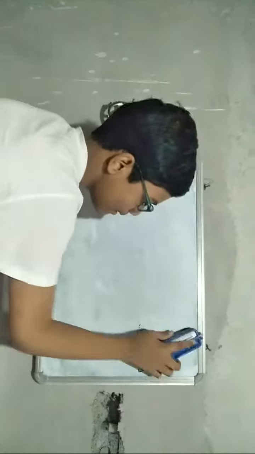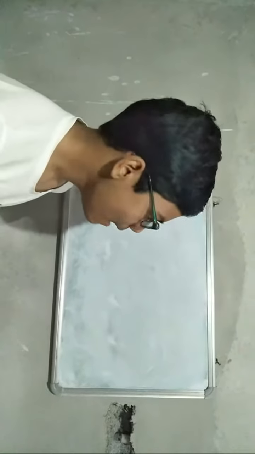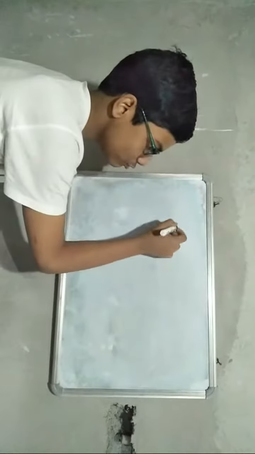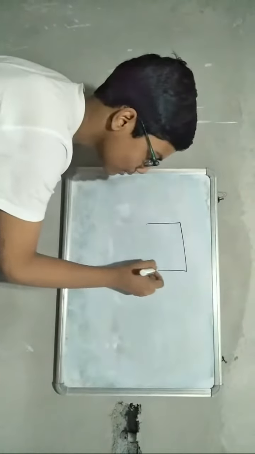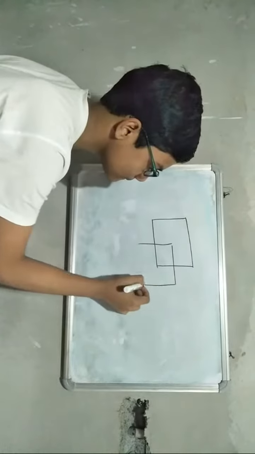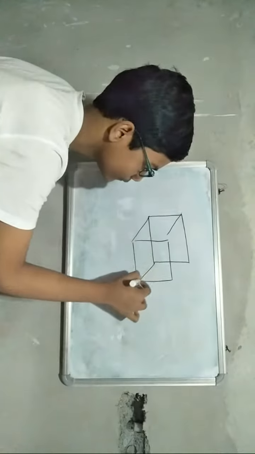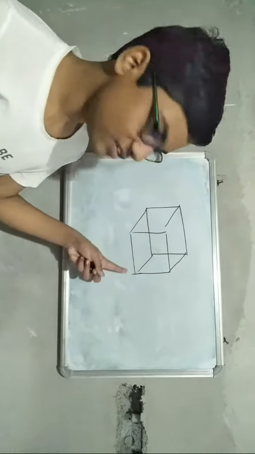Now if a light ray is traveling, with this light ray two more fields are present. One is the electric field and another one is the magnetic field. So I am drawing a cube. So this is a cube.